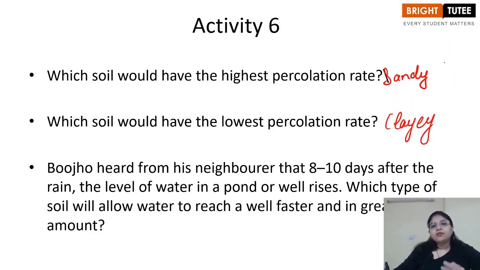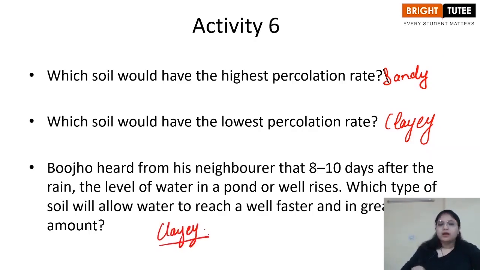So, any soil in which the percolation rate is low, that soil will allow the water to reach in greater amount quite quickly, and that kind of soil is the clay soil, right? So clay soil will allow quicker filling of the water or rise in the water level in the well or in the pond.